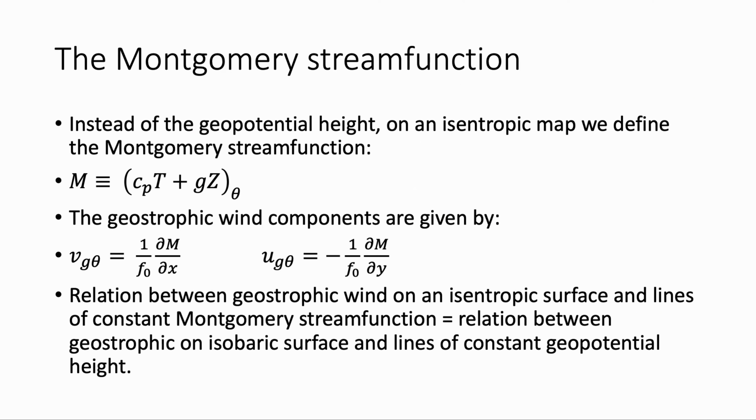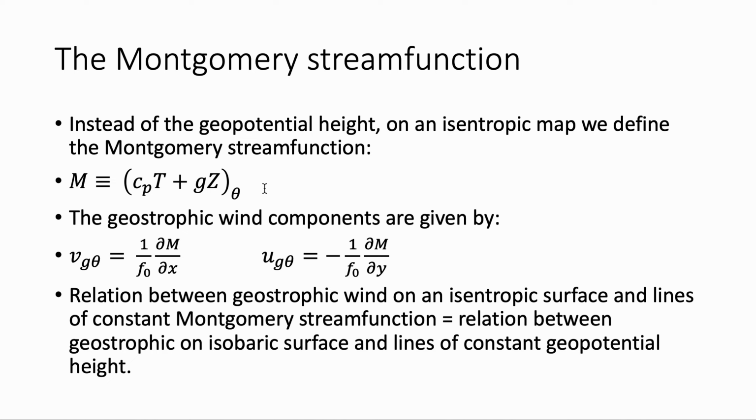If you define this function that is called the Montgomery stream function, this is very similar to a concept that we call dry static energy. So it's a combination of the internal energy and the potential energy of an air parcel.